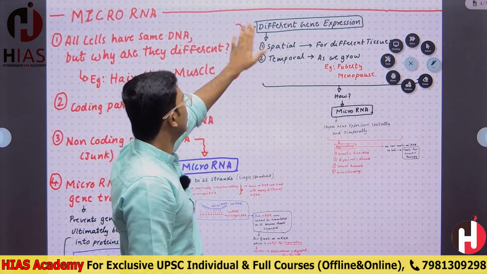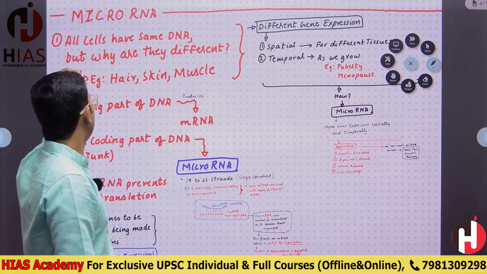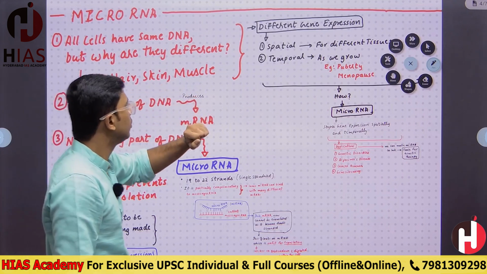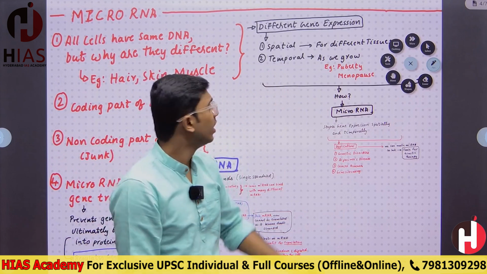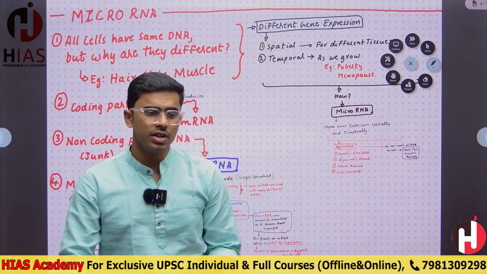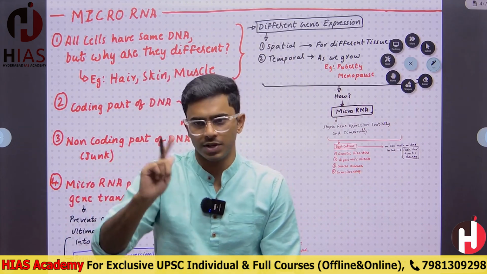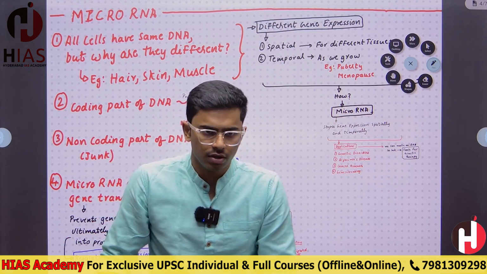Now, firstly, I told you all cells have the same DNA, but why are they different? Hair, skin, muscle. Firstly, because your gene expression is spatially different and temporally different. Spatially, in different cells, not every single gene will be expressed. In your muscle cell, only a few genes will be expressed.